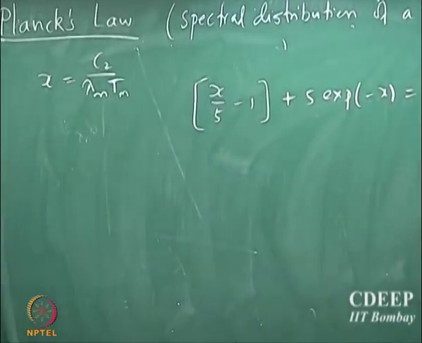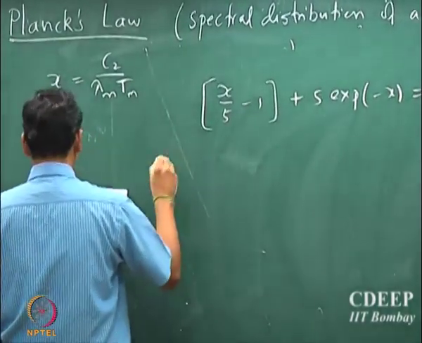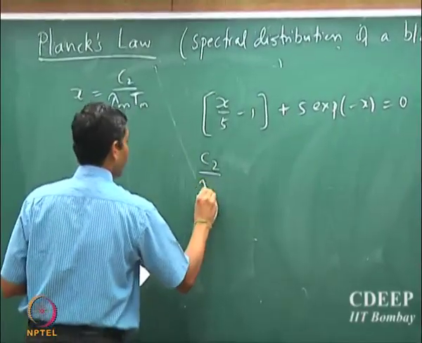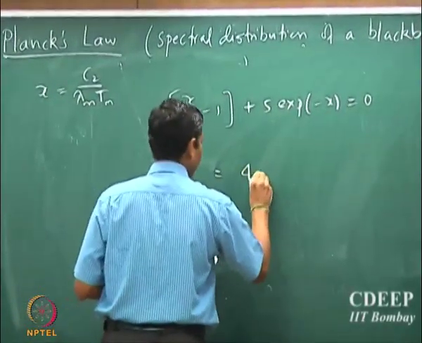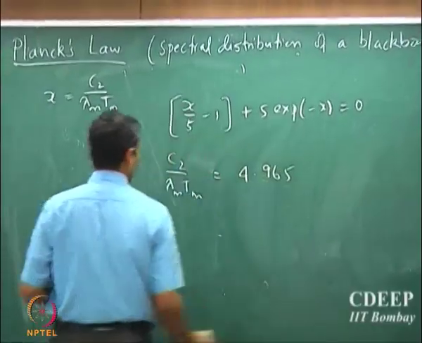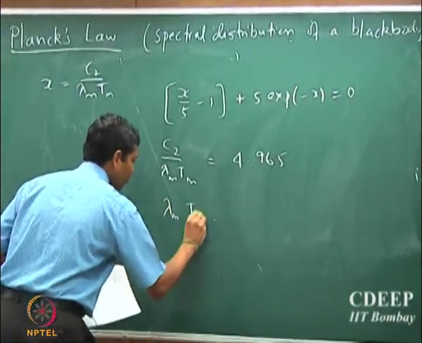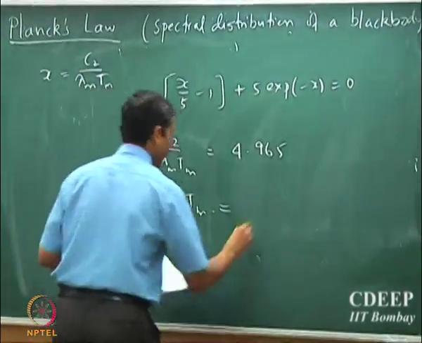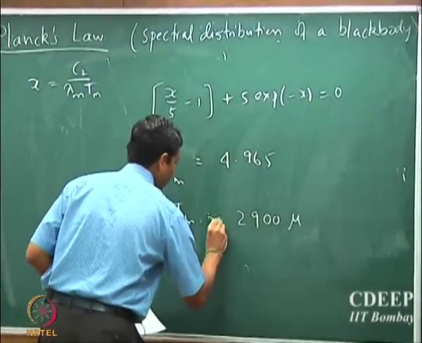So, this has to be solved numerically. You solve this, and what you will find is that C2 by lambda m Tm is 4.965, and if you plug in the value of C2, you will find that lambda max into the corresponding temperature is about 2900 approximately.